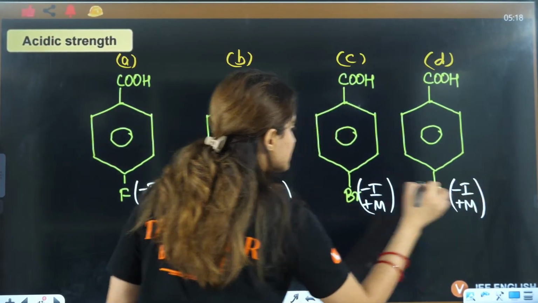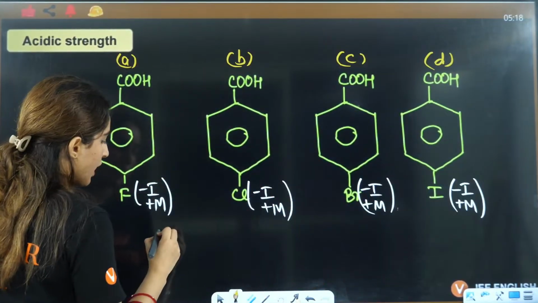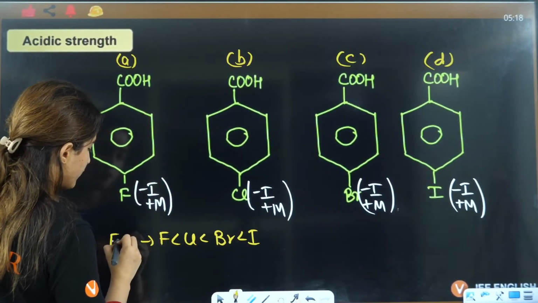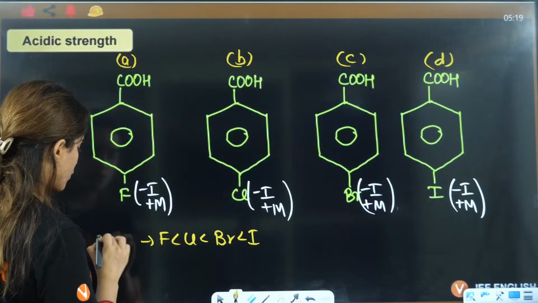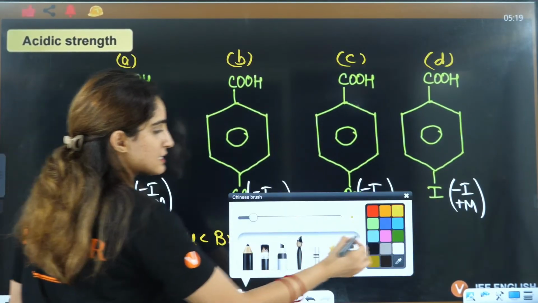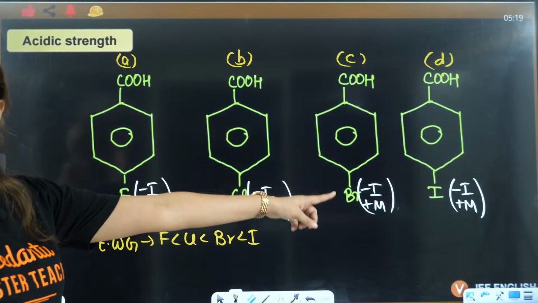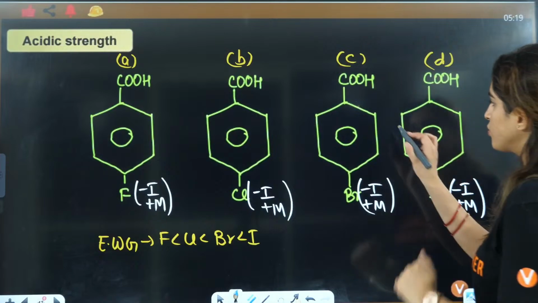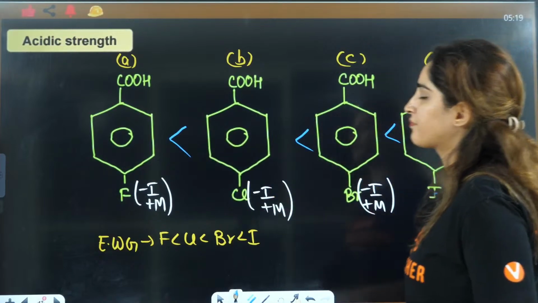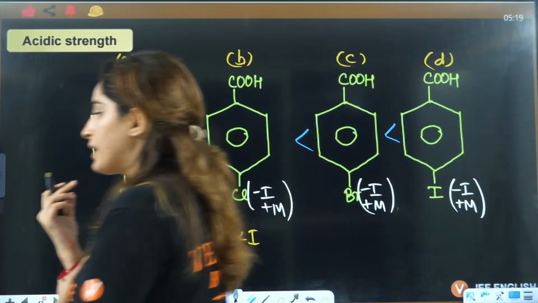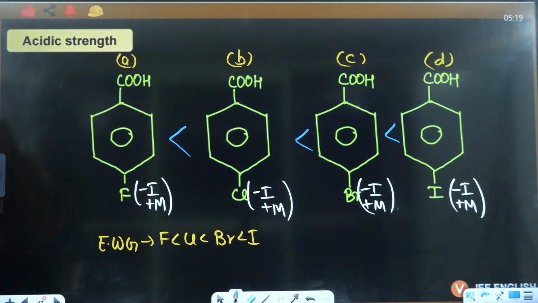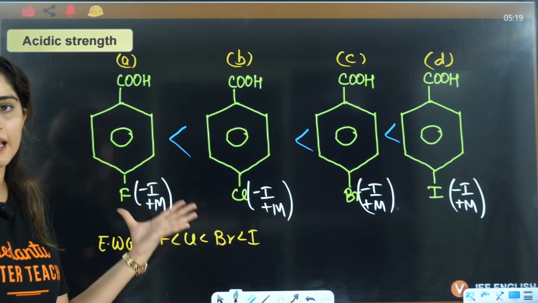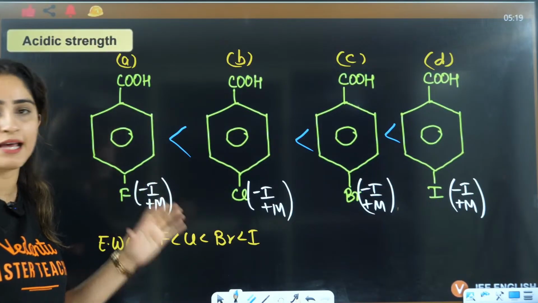The overall effect is that fluorine, chlorine, bromine and iodine are electron withdrawing groups, right? So this shows maximum electron withdrawing nature. That means maximum electron withdrawing will make it most stable, okay? Because acidity is directly proportional to electron withdrawing nature, right? Yes, everybody. This is the overall effect. This is not based on plus or minus I alone. This is based on the overall effect of minus I and plus M.